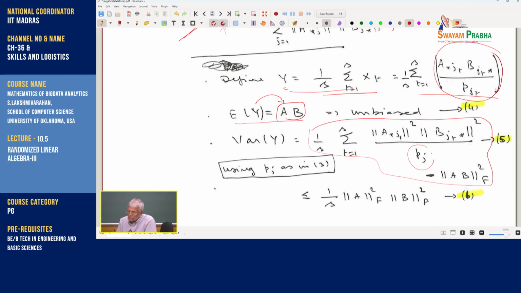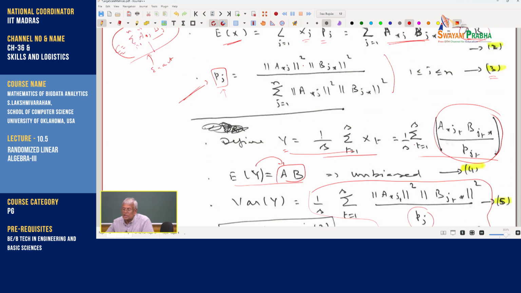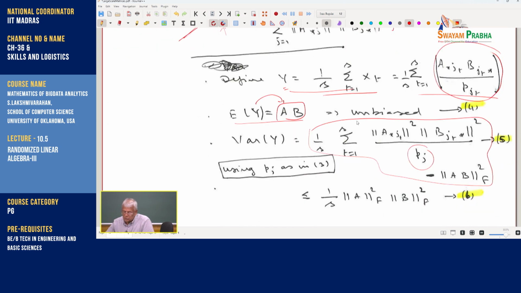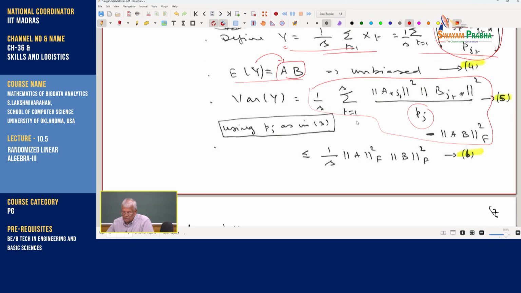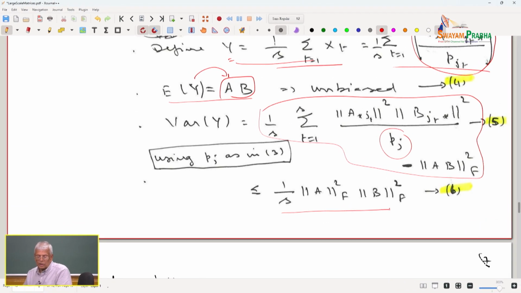Now Pj's are picked according to the distribution in equation 3. So if you substitute Pj from equation 3, you readily get an inequality similar to that in the matrix vector product. Here the variance of y is less than the product of the Frobenius norms of A and B divided by s, which is equation 6.